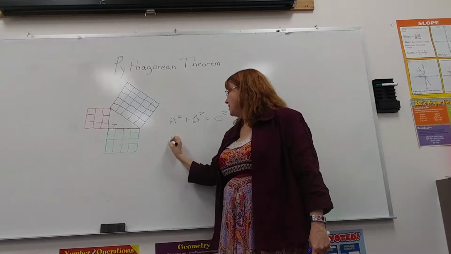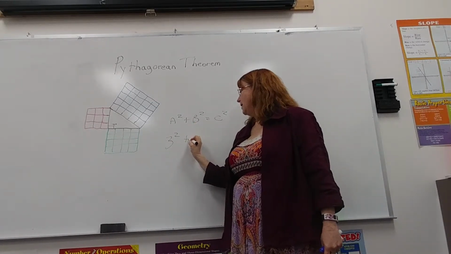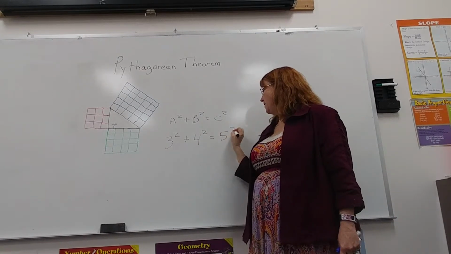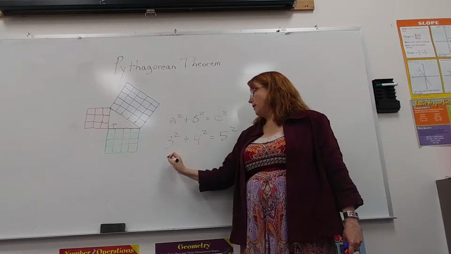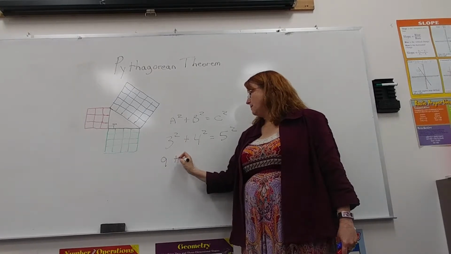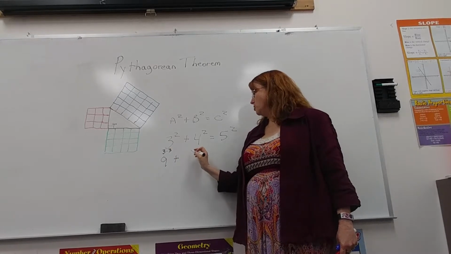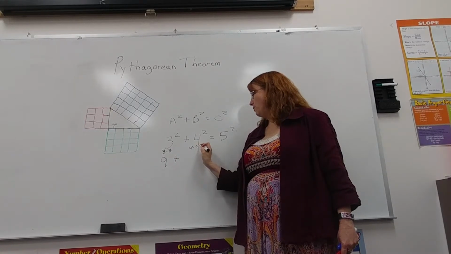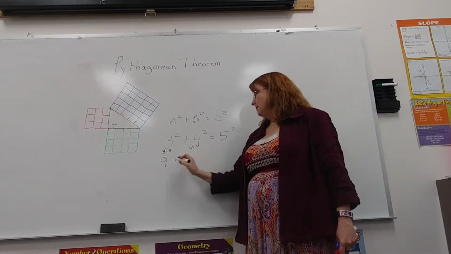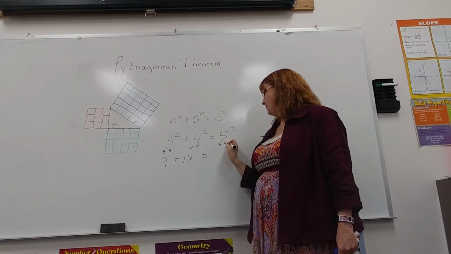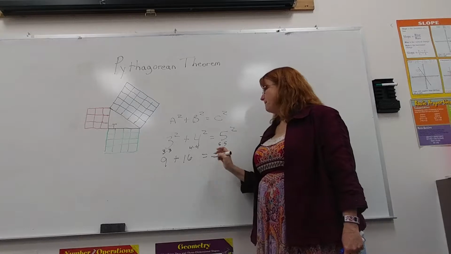So we would have 3 squared plus 4 squared equals 5 squared. 3 squared is 9. Remember, squared means 3 times 3. 4 squared means 4 times 4, which is 16. 9 plus 16 does equal 5 times 5, which is 25.